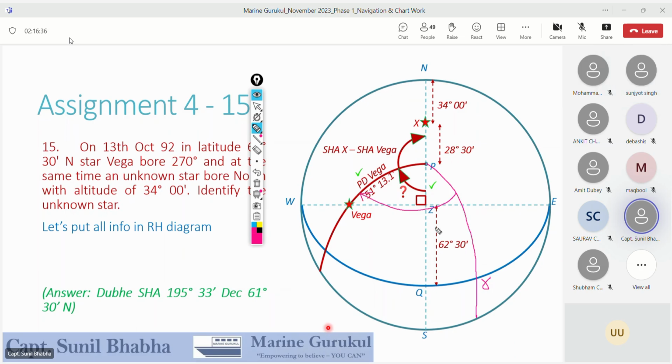And SHA of the unknown star is going to be this yellow color angle. Yes, sir. And the difference between SHA of the star and SHA of Vega is going to be this particular angle only. Right, beta. So we found out the angle, and we added this angle to the SHA of Vega. We got the SHA of the unknown star.